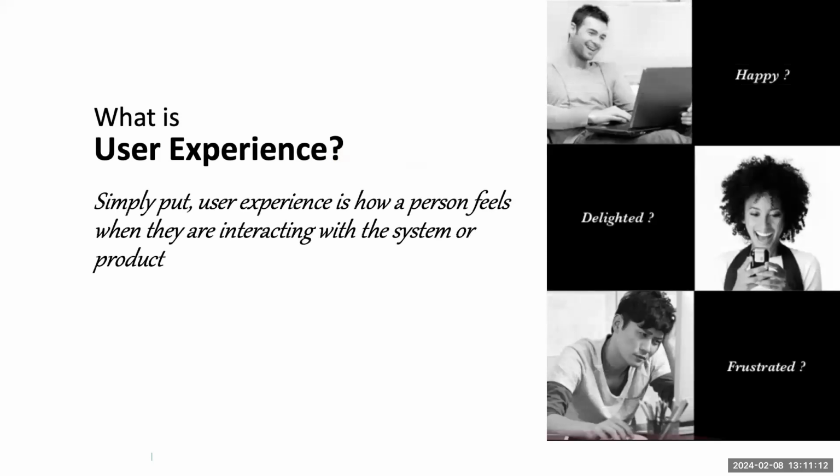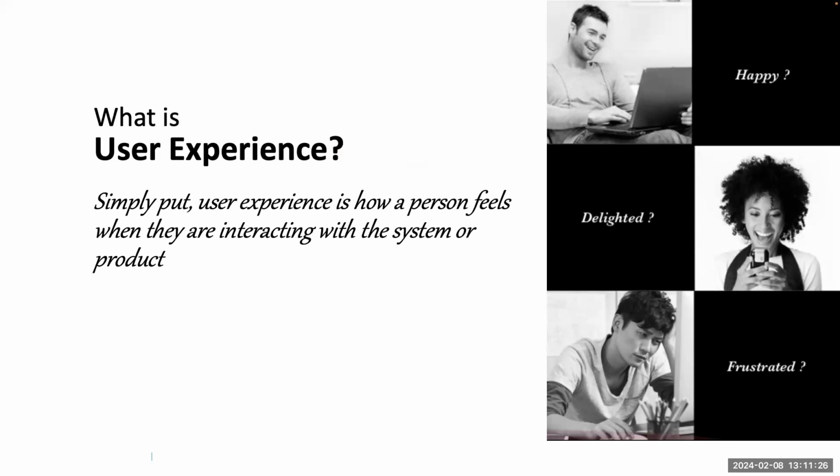So having gone through one of the examples, let's go in for a definition of what is user experience. User experience, simply put, is how a person feels when they are interacting with a product, a system, or any equipment in their lives.